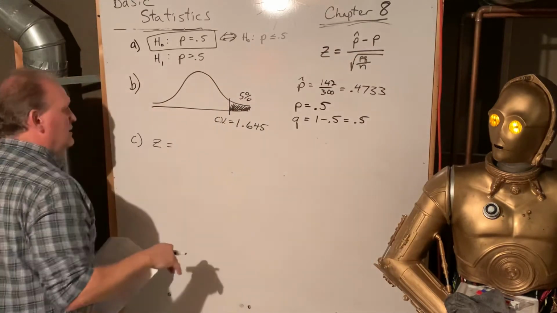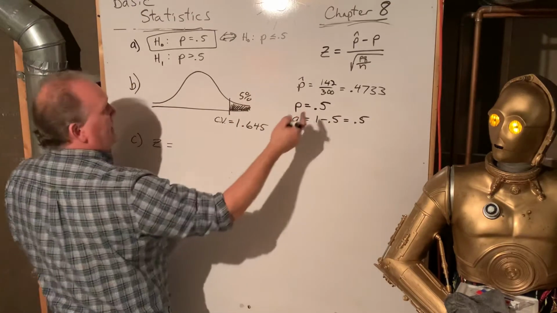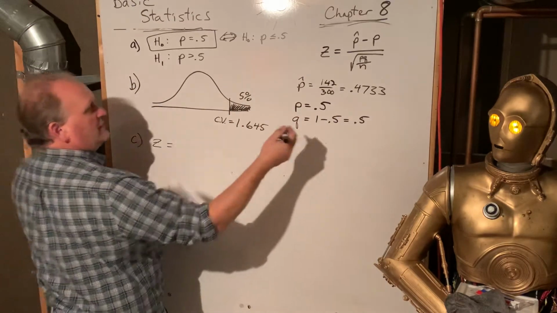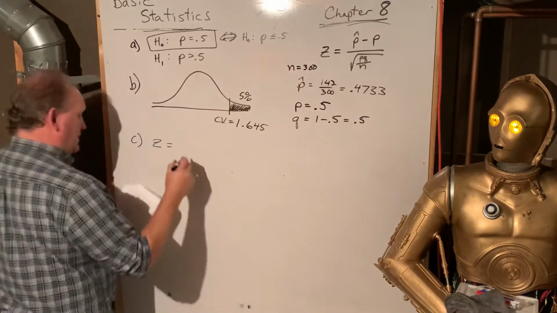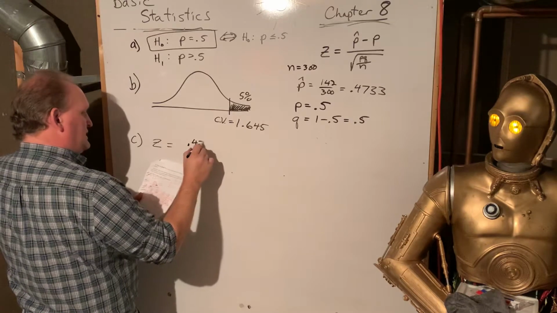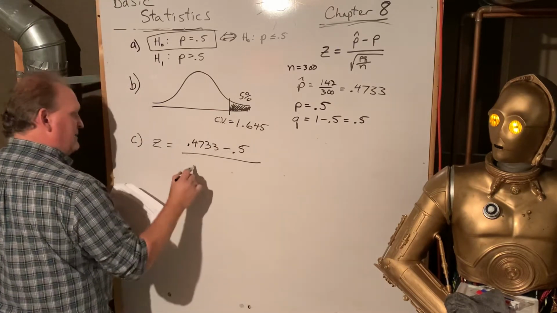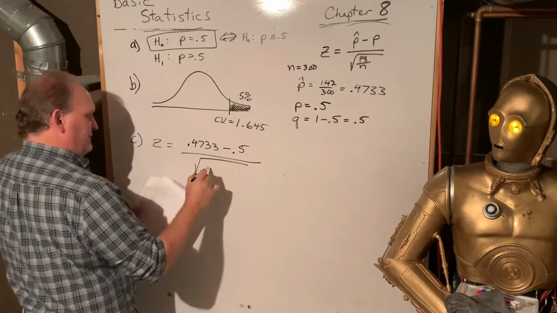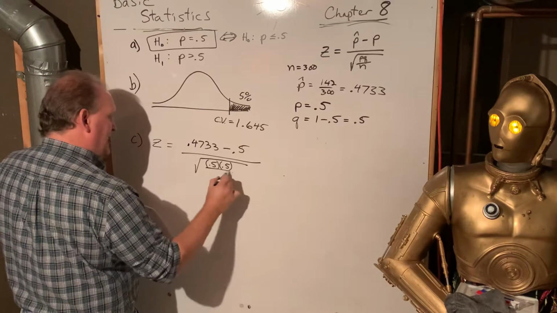All right, so let's calculate. n was 300 people. So here goes. We have 0.4733 minus 0.5 divided by the square root of 0.5 times 0.5 divided by 300.